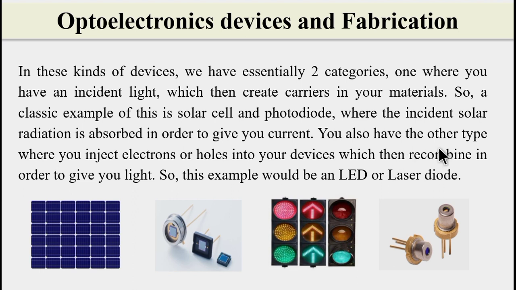You also have the other type where you inject the electron or holes, that is, inject the charge carrier into your device, which then recombine in order to give you light. The examples are LED and also laser diode, where we can generate photon by using charge carrier.